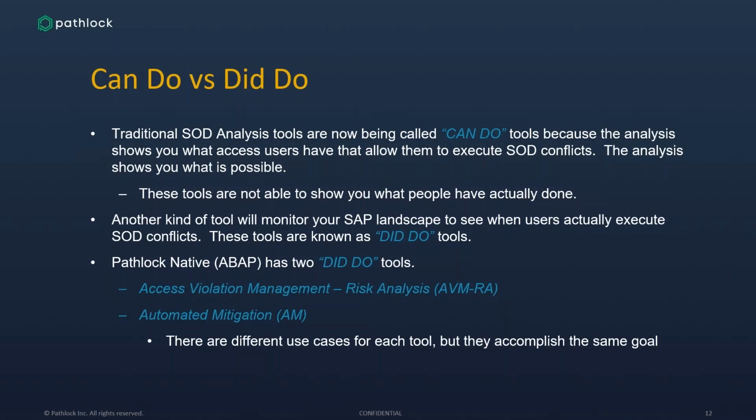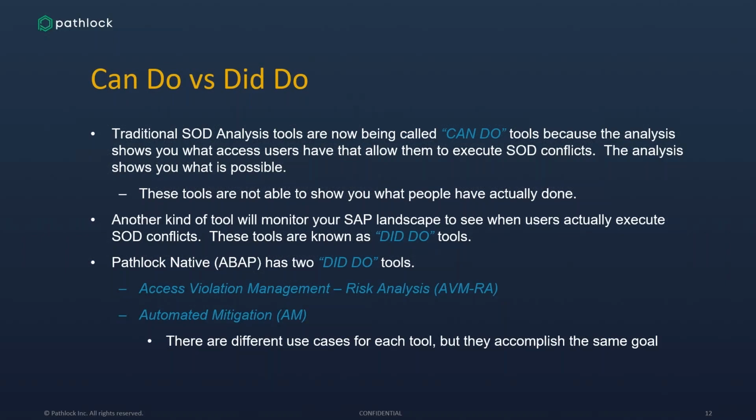And as we talked about in the last section, it would be great if you didn't give people SOD violations, but almost everybody does. Almost everybody's forced to. So if you're giving everybody these can-do violations, letting them have the access to do things, then how can you protect yourself?